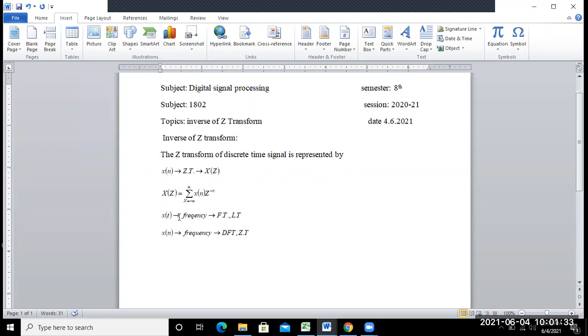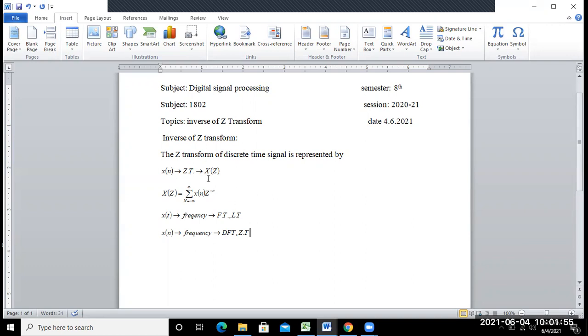Here xt is your continuous time signal. If you want to convert it into frequency domain, then we have to transform by either Fourier transform or Laplace transform. If it is a discrete time signal, that means xn, then the transform is the discrete Fourier transform or Z transform.